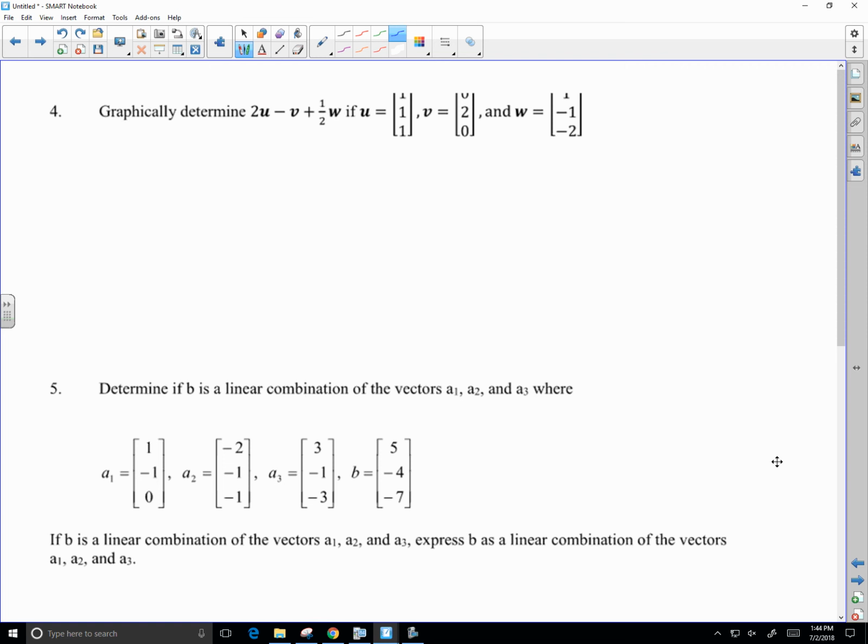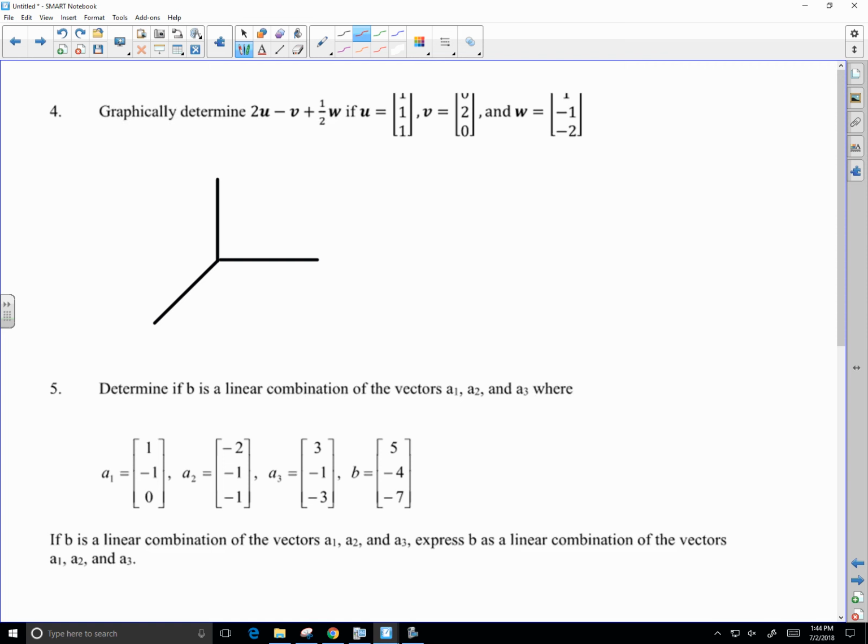This is one where I didn't have an answer key up, so might as well just do it. The graphical determination is based on you plotting the original vectors and then working off of those. So we have U, V, W, 1, 1, 1. That's easy enough. Let me just get a 3-dimensional coordinate system.